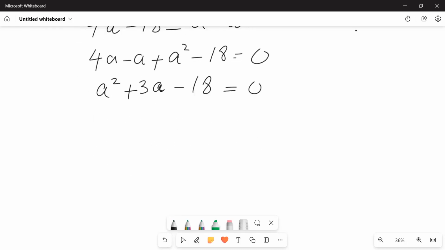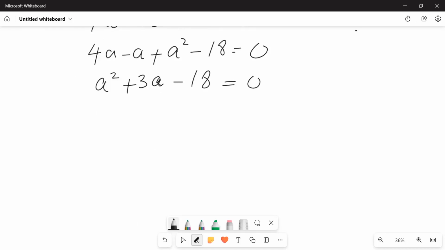Okay, now it is a quadratic equation. We can solve it by quadratic formula or by factorization. So we can use the factorization method because 6 threes are 18 and if we subtract 3 from 6, we will get 3a. So we are using the factorization method here.